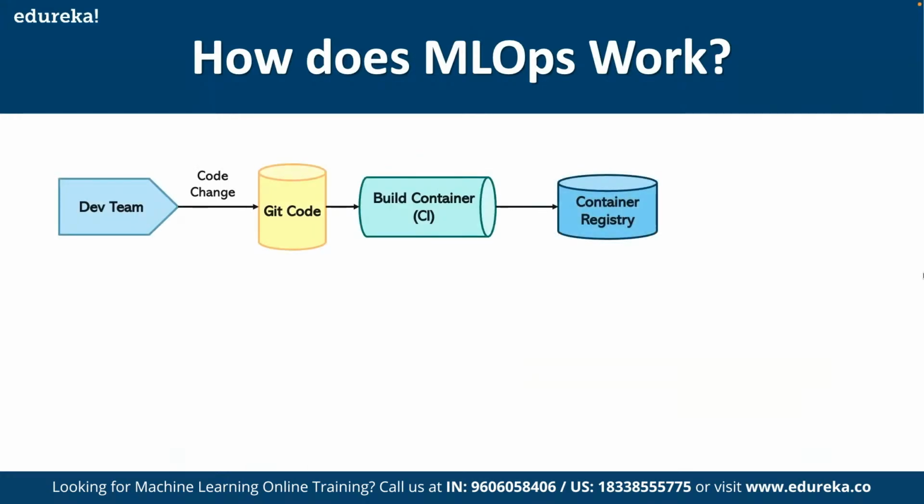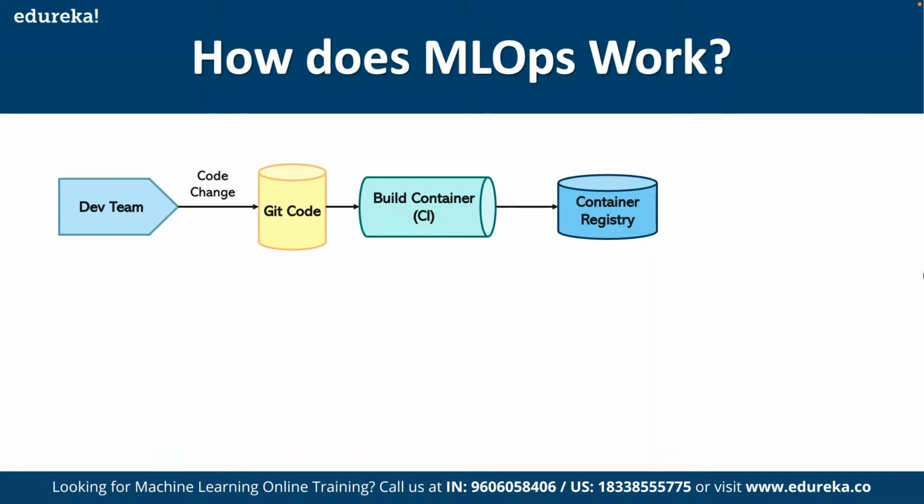So in terms of the ML operations workflow, first of all, it starts with the development team, which simply pushes the code to the Git repository. Then, once the code has been pushed, it goes into CI as a part of the ML pipeline, which gets saved into the container registry component.